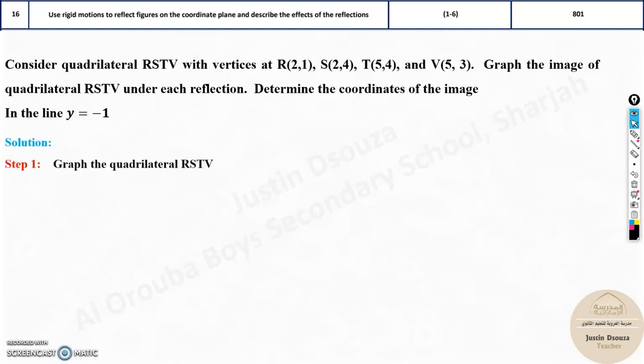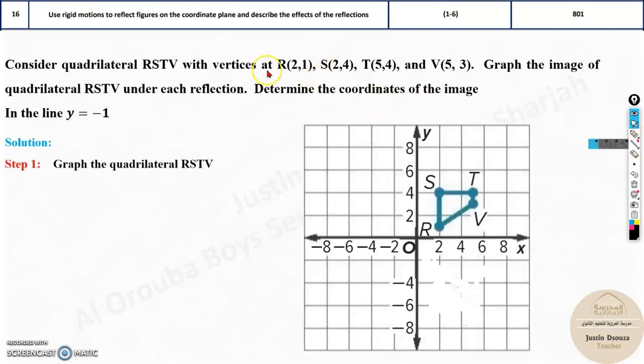First, you need to draw these coordinates. R is 2, 1, S is 2, 4, 5, 4, V is, as you can see, all this is plotted. Then see where the line y equals -1 is. You should draw a line over there, and the reflected figure must be the same distance from this line.